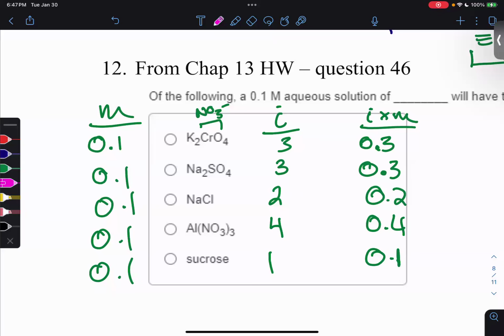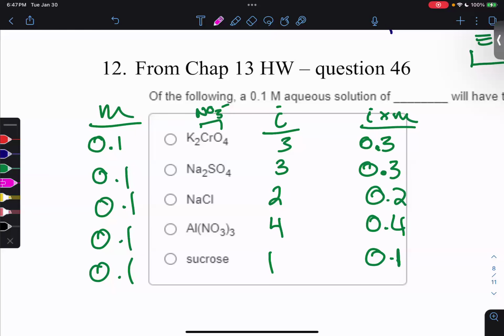So if we want the highest boiling point, we're looking for the thing with the most particles. So the highest boiling point would be the aluminum nitrate. The lowest boiling point, the one closest to regular water, would be sucrose. Which one has the lowest vapor pressure?